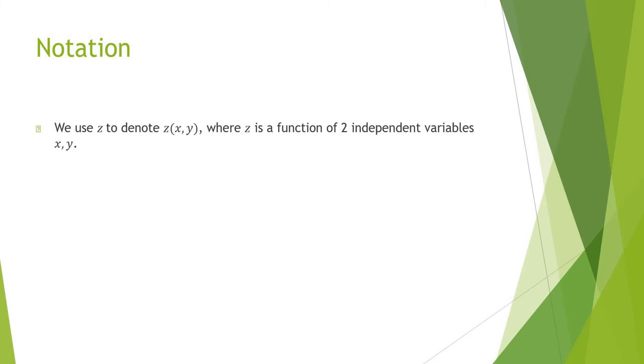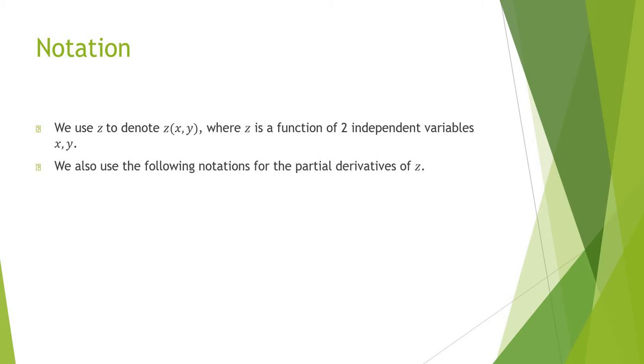To make calculations easier, we'll introduce some notation as regards partial differential equations. We use z to denote z of x, y, where z is a function of two independent variables x and y.